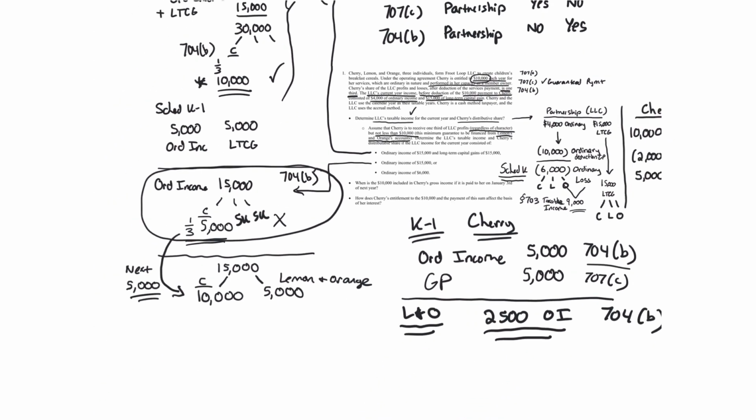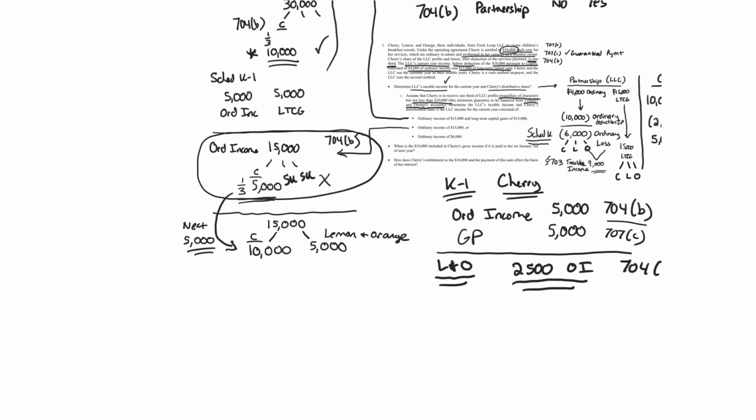Okay, last one we're going to do is, what if the partnership, my apologies, what if the partnership has $6,000 of ordinary income total? Well, again, we apply the same idea.